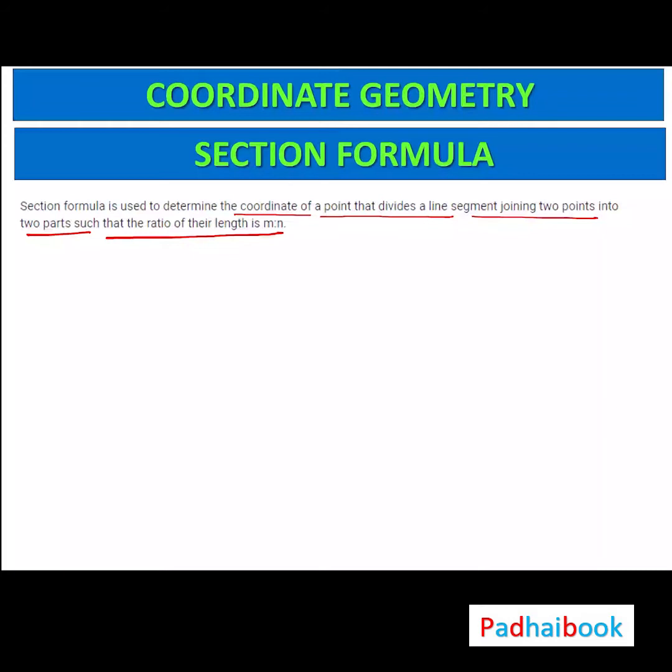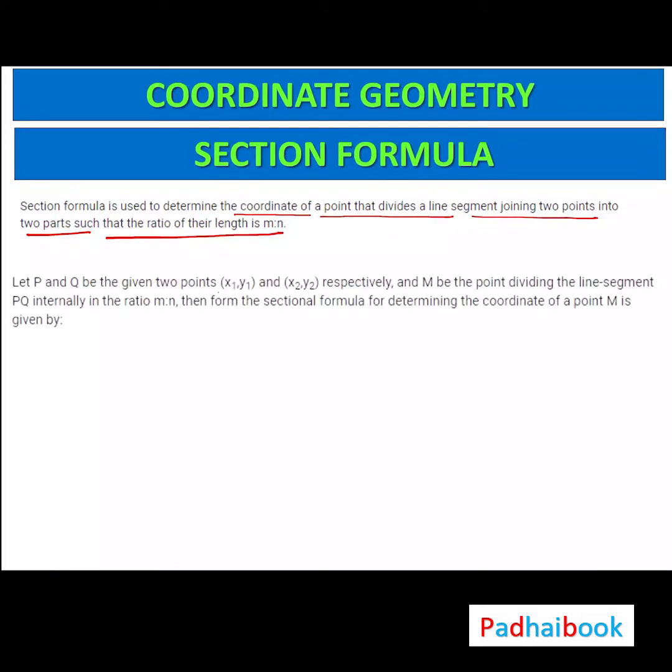Now let's assume that P and Q are 2 given points with the coordinates x1, y1 and x2, y2, and M is the point dividing the line segment in the ratio m is to n. Let's say I have a line segment PQ such that the coordinates of P are x1, y1 and the coordinates of Q are x2, y2.